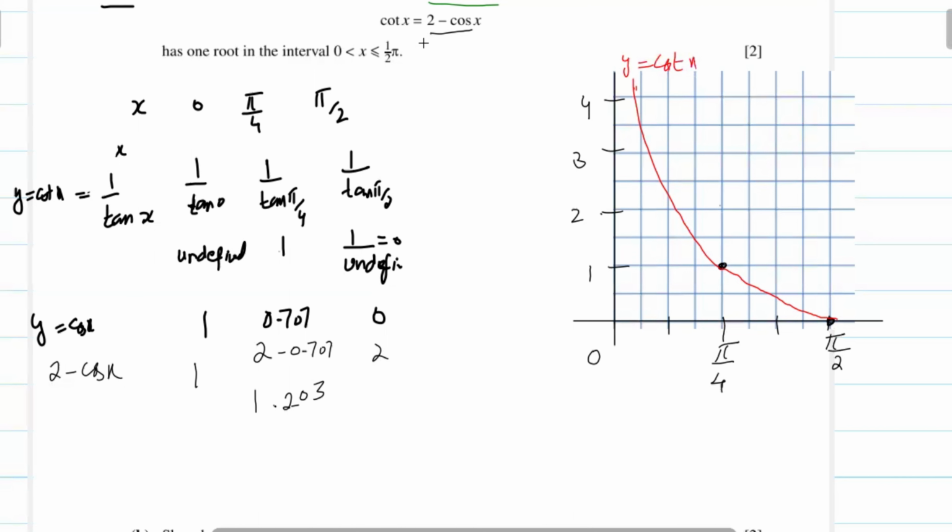Next is 2 minus cos x. You see here, the first point will be 1 when x is 0. This value 2 minus cos x is 1. We mark this position. Here is 1. Next is when x is pi over 4. This is 1.203.